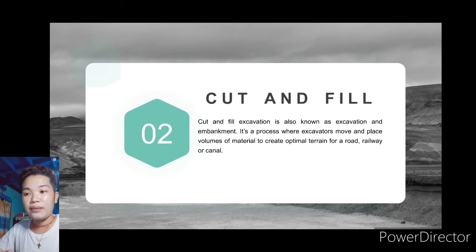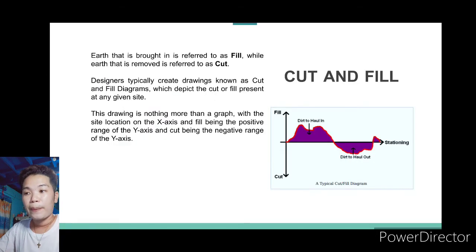Cut and fill. Cut and fill excavation is also known as excavation and embankment. It's a process where excavators move and place volumes of material to create optimal terrain for a road, railway, or canal. Earth that is brought in is referred to as fill, while earth that is removed is referred to as cut.